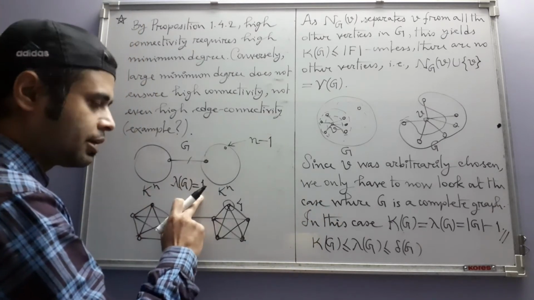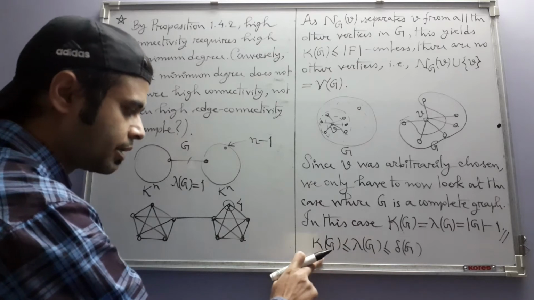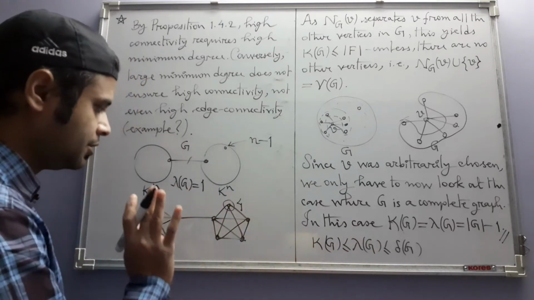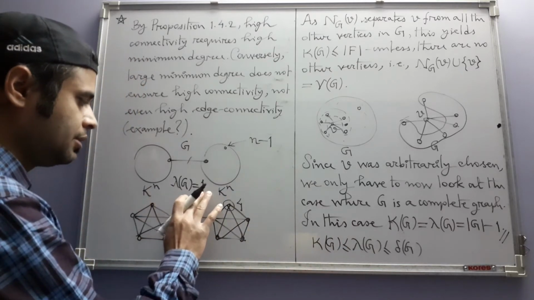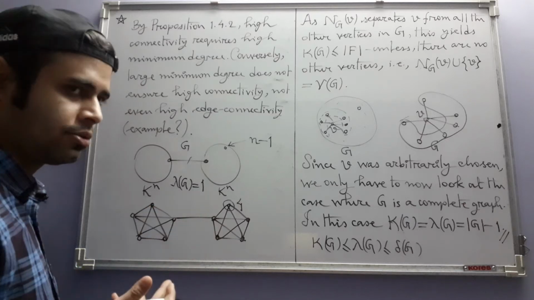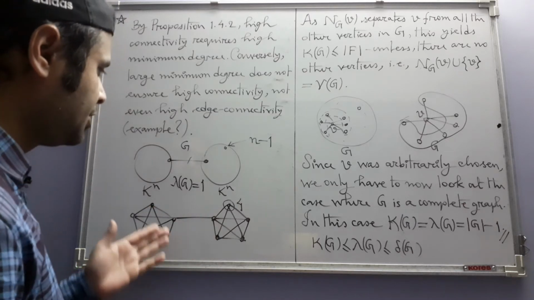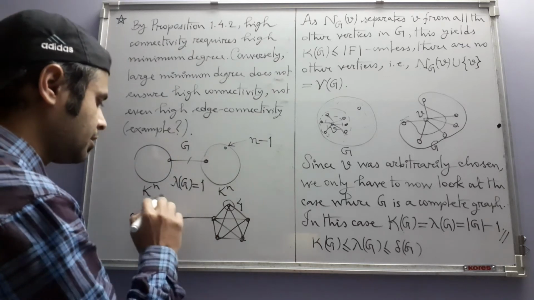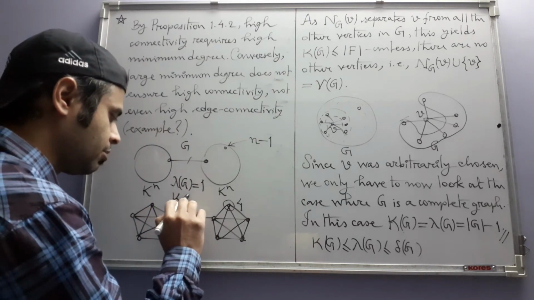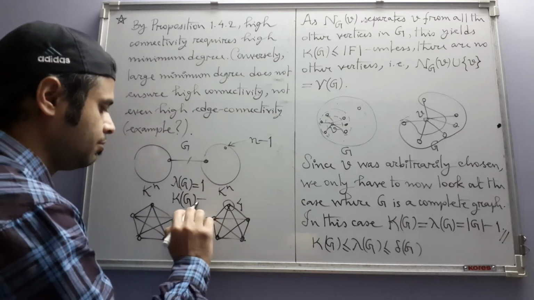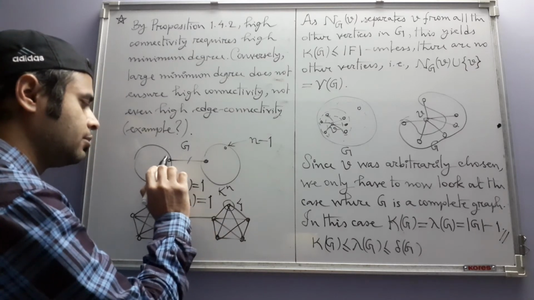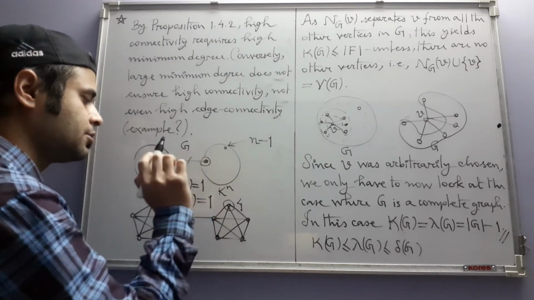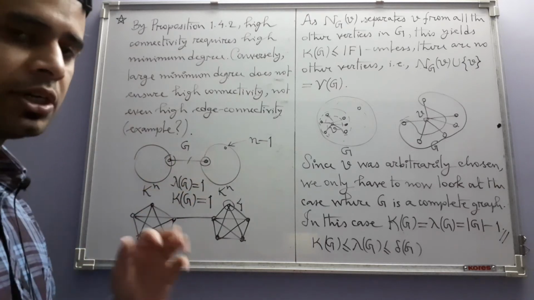And because edge connectivity must be greater than or equal to the connectivity, the connectivity in this case is either 0 or 1. Connectivity is not 0 because the graph itself is connected. So connectivity is also equal to 1. In fact, you can see that if you delete either this vertex or this vertex, then the graph becomes disconnected.